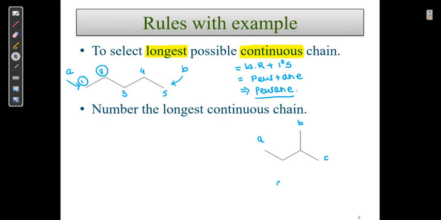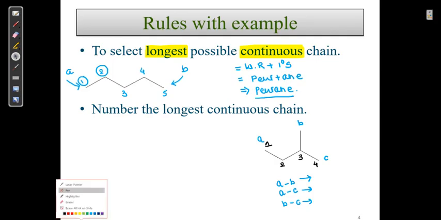So A to B, A to C, B to C. A to B has 4 carbons, and A to C has 4 carbons. So one possibility is to give the number from this side 1, 2, 3, 4. And another possibility is to give the number 1, 2, 3 and 4 from the other side.